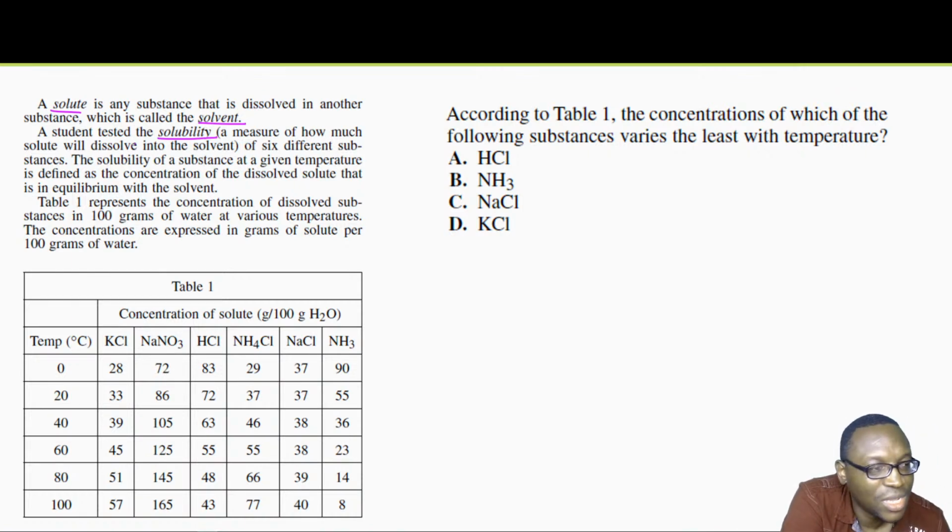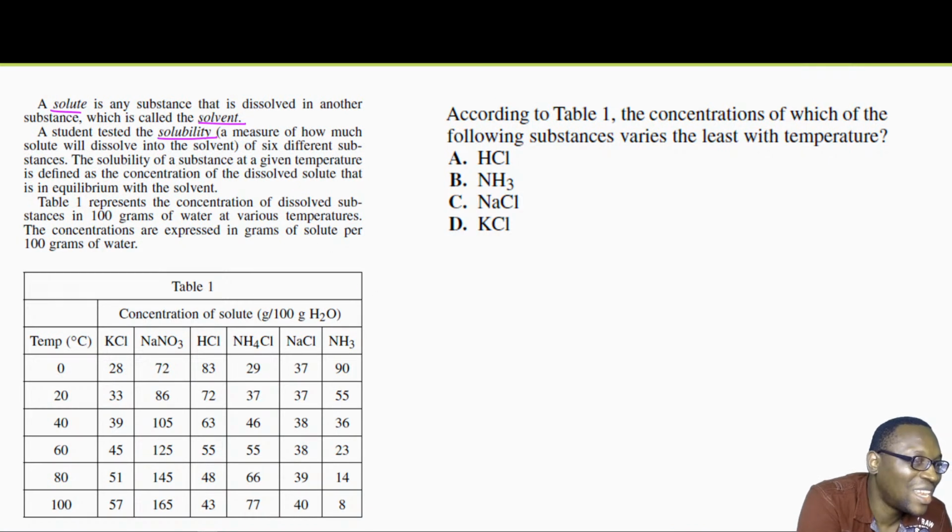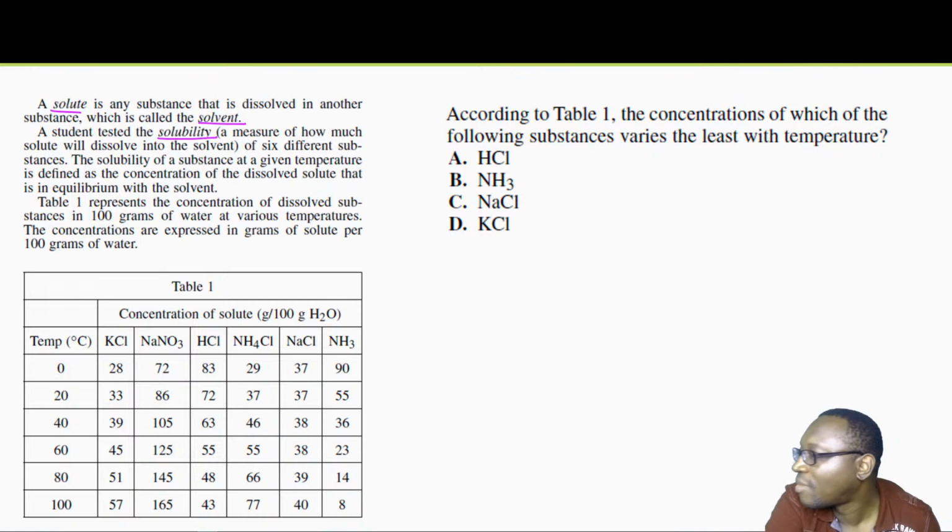Table 1 represents the concentration of dissolved substances in 100 grams of water at various temperatures. The concentrations are expressed in grams of solute per 100 grams of water. And so this is just an explanation of what the data in this table represents.